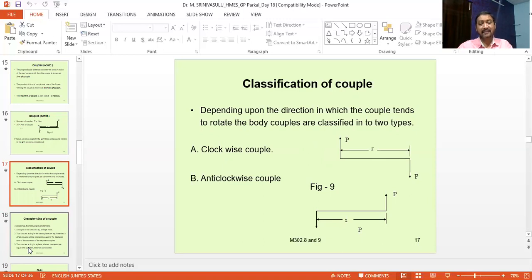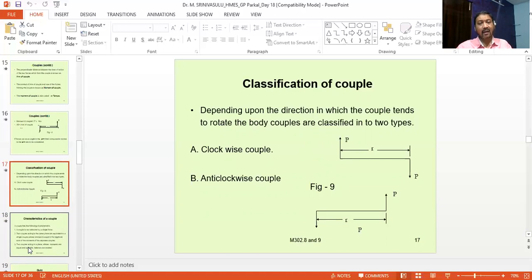If the effect of the couple is to rotate the body in the clockwise direction, or in the direction in which the hands of the clock move, then that couple is called a clockwise couple. And if the couple rotates the body in the anti-clockwise direction, or in the direction opposite to that in which the hands of the clock move, then that couple is called an anti-clockwise couple.